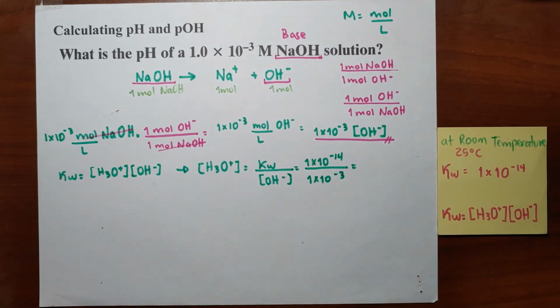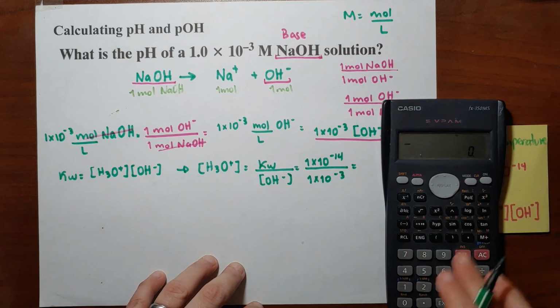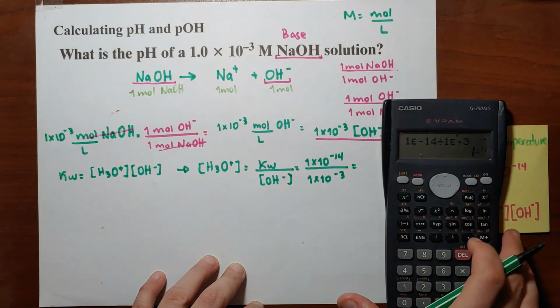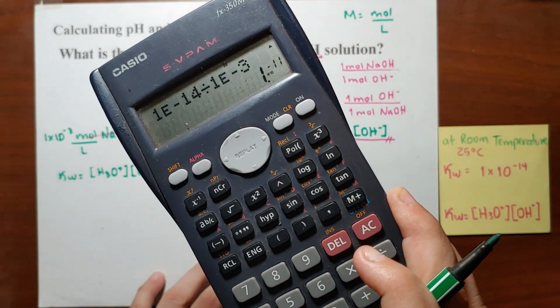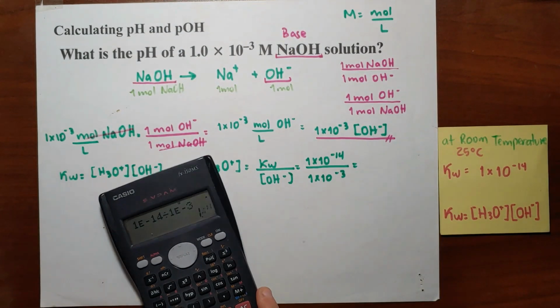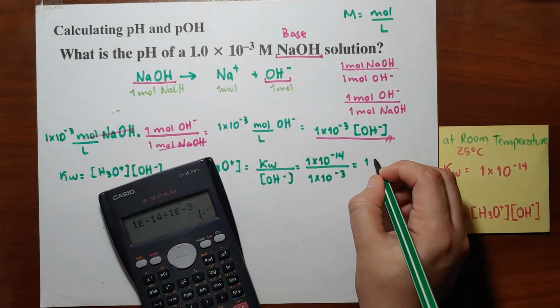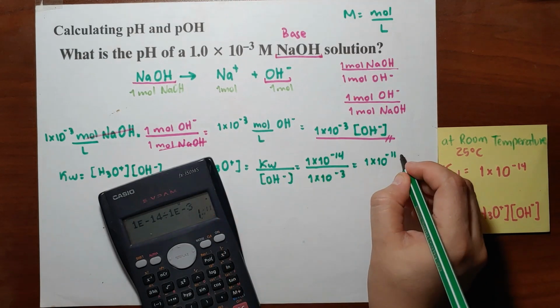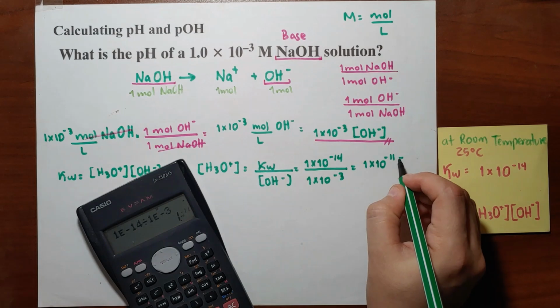Now, 1 exponential negative 14 divided by 1 exponential negative third gives 1 times 10 to the negative 11. That is the hydronium concentration.